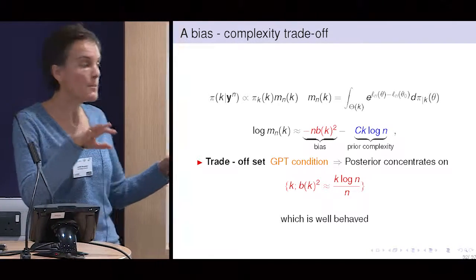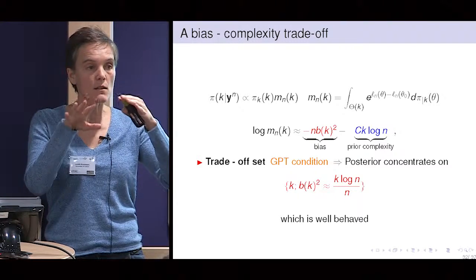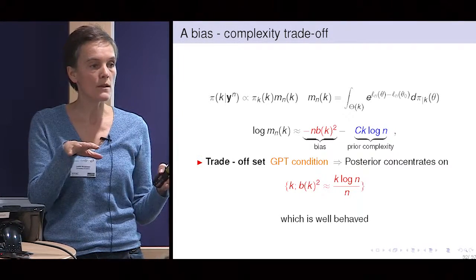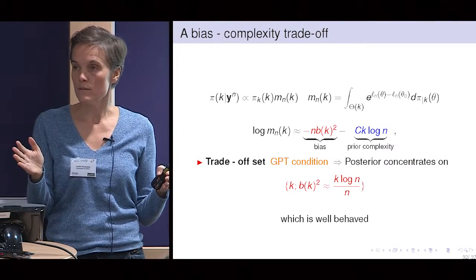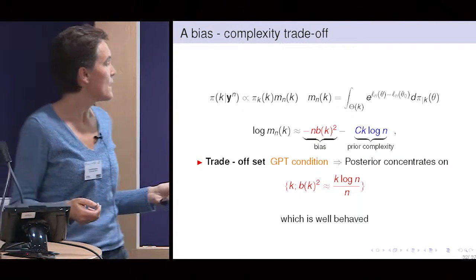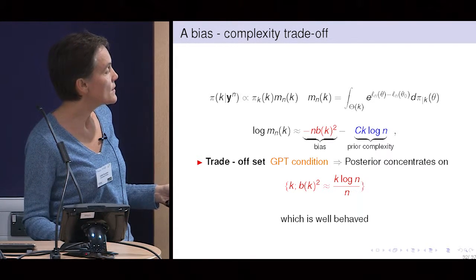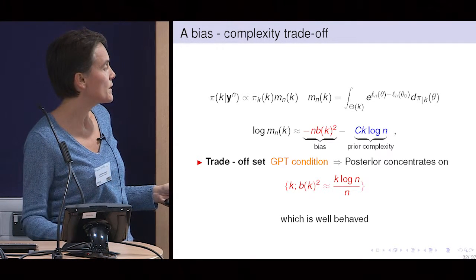And so essentially what happens is that the posterior distribution is going to live on values of k that make a balance between the bias and the prior complexity. The model complexity, but the model complexity in terms of the prior. And so why is this k log n term a prior complexity?